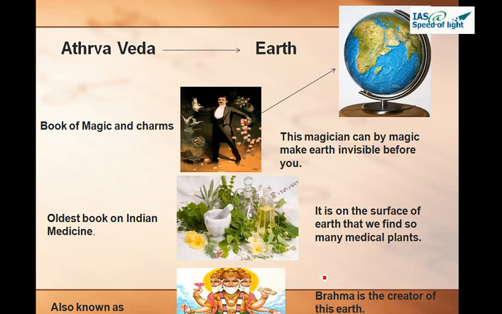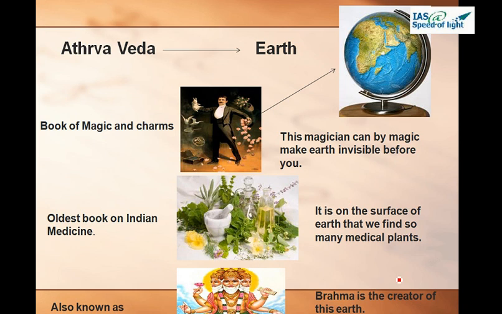See, you have been to a magic show, and the magician made the whole earth invisible in front of you using his magical powers. So this is the book of magic and charms. Magic and charms, we are relating it with earth. This is the oldest book on Indian medicine. So it is obviously on the surface of earth, in forests, Himalayas, mountains, that we get medical plants, right?